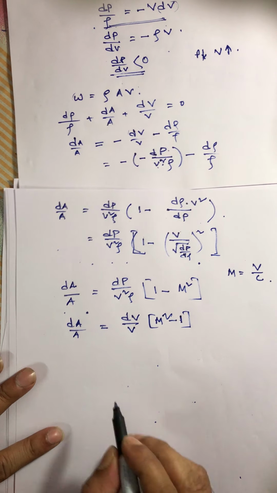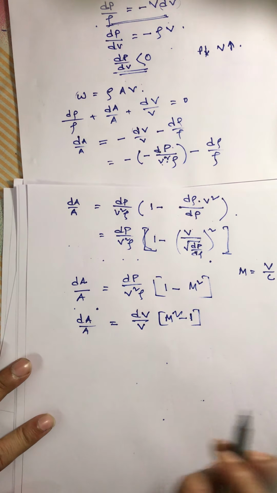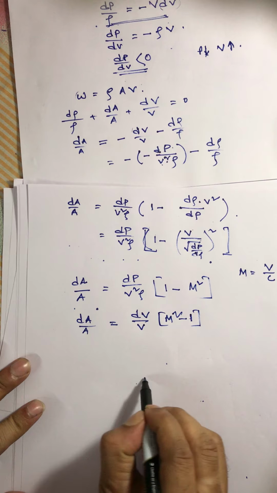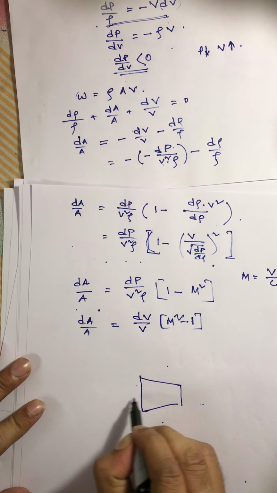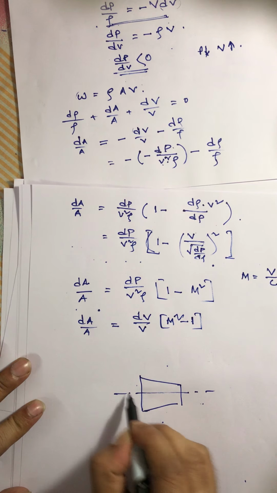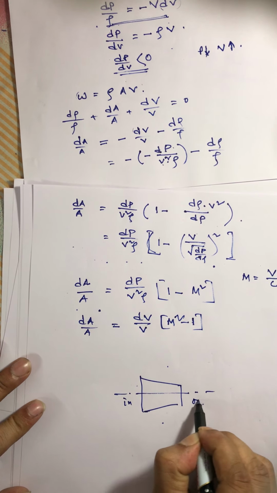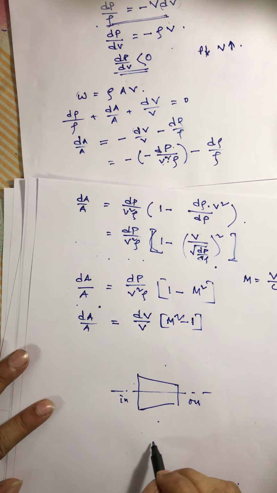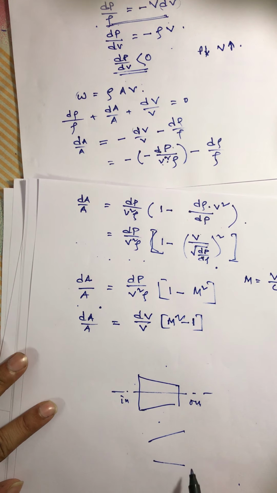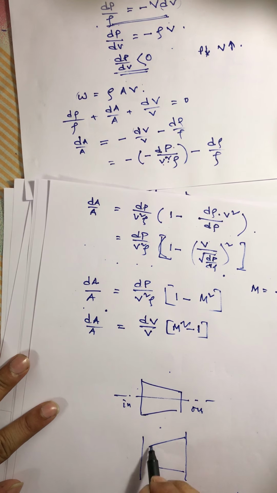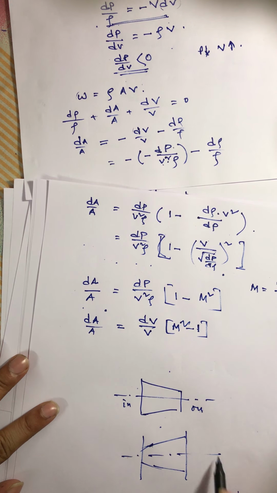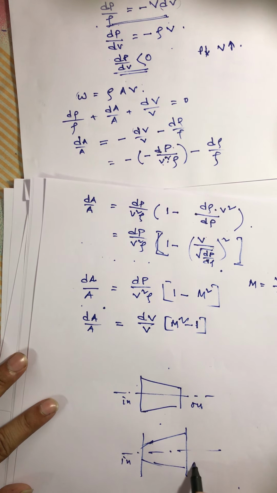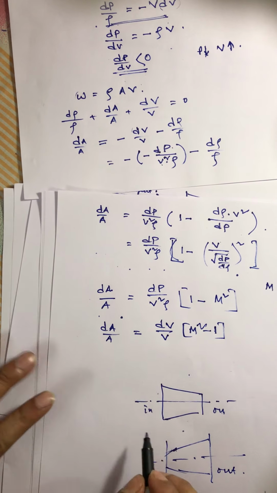Now, from this relation, what can we say? Suppose this is a convergent passage, in and out, and suppose this is a divergent passage, in and exit.